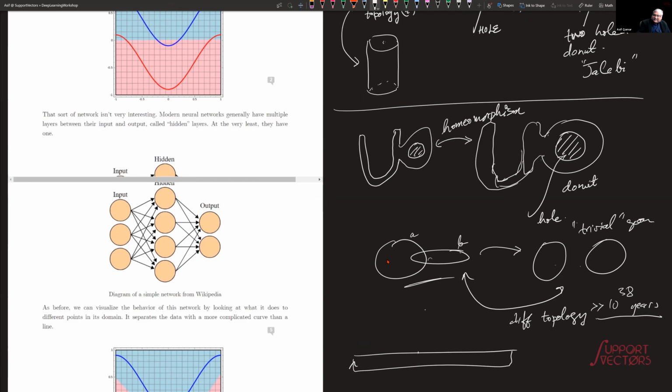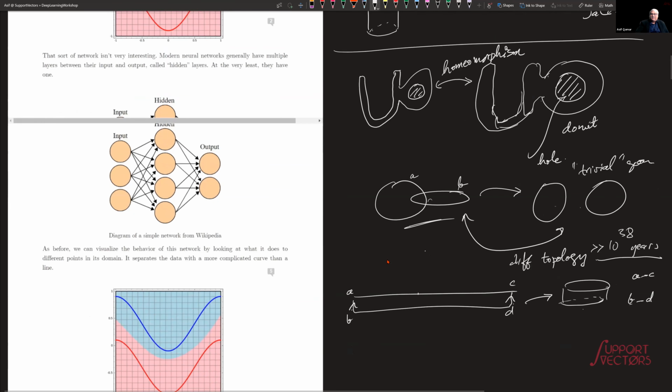If you align this end with this, you'll get this nice structure. Isn't it, guys? If you tape this edge to this edge, let me call this A, B, C, D. If A and C are taped and B and D are joined together, you'll get this structure. But now let's do something slightly different and do the opposite.